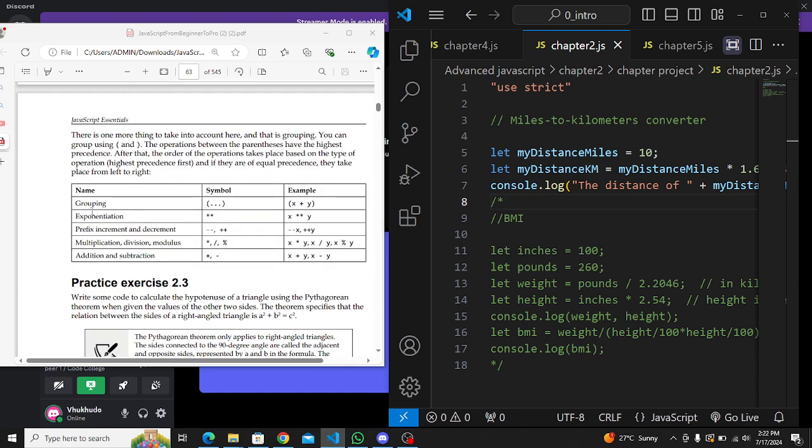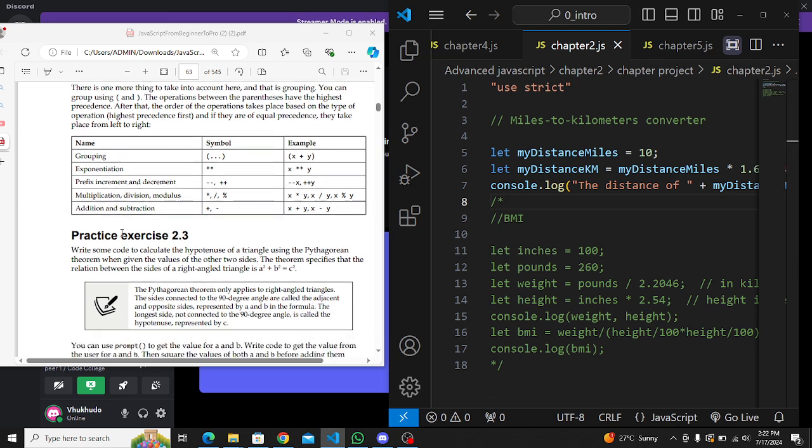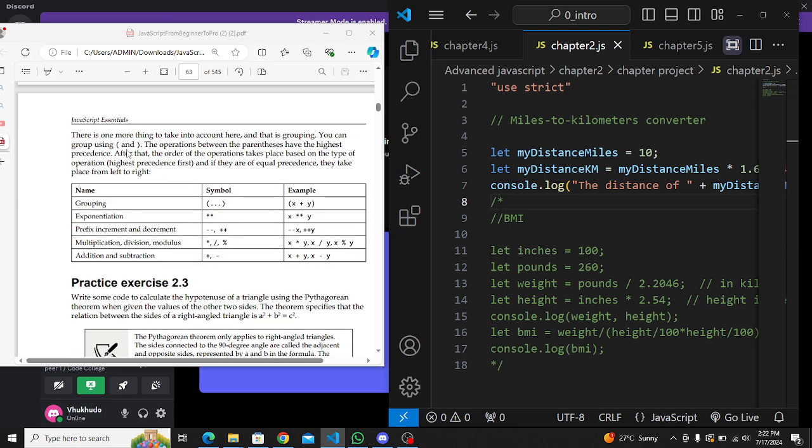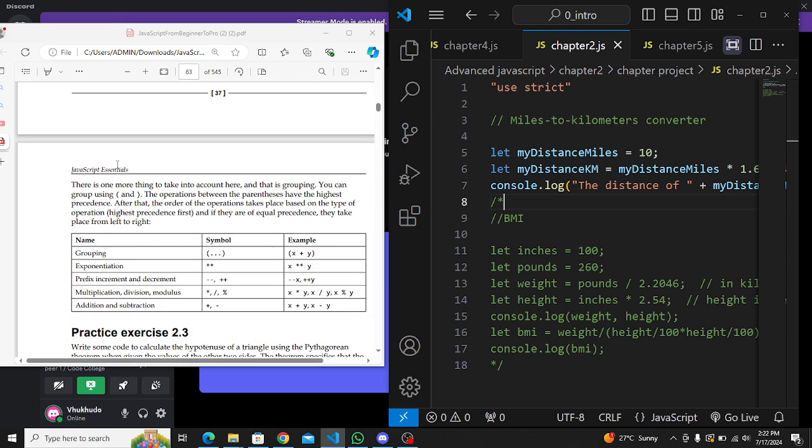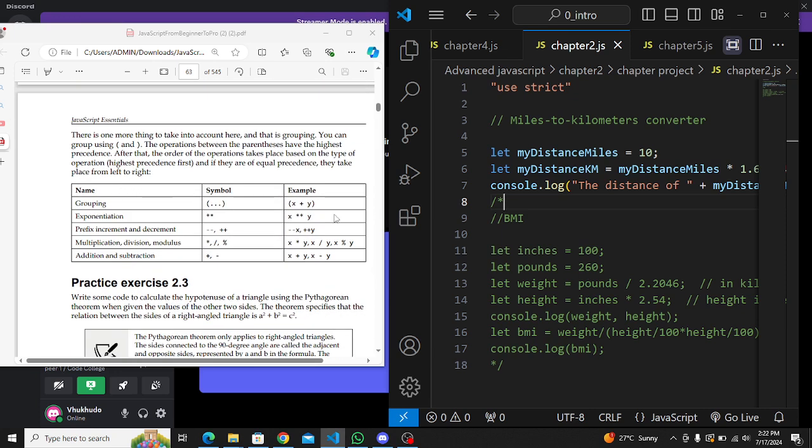But before we go there, we have operators like grouping, as you can see there, explanation, prefix increment and decrement, which is plus plus and minus minus. Minus minus means we are subtracting one, plus plus we are adding one.